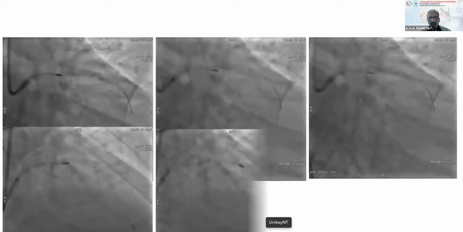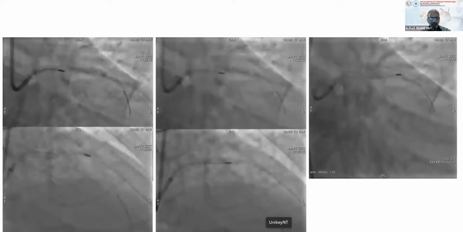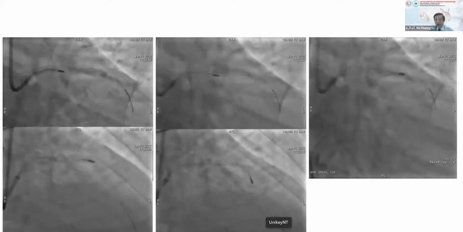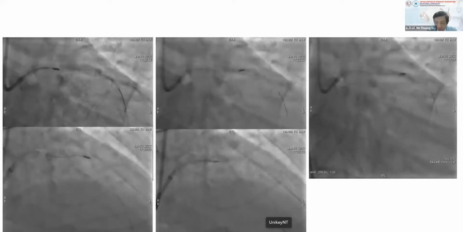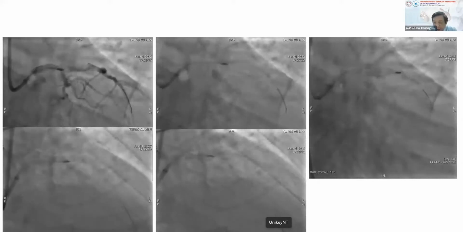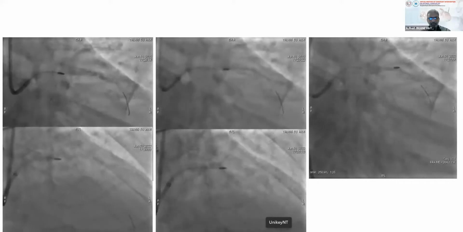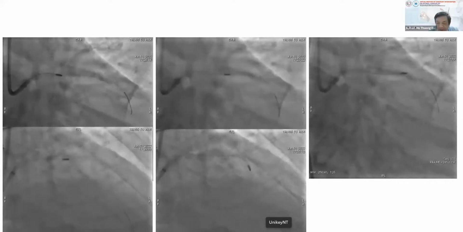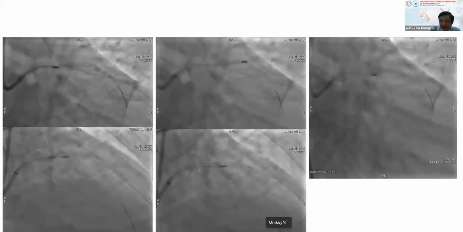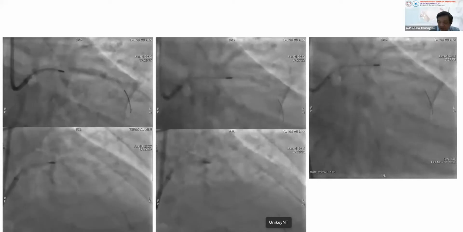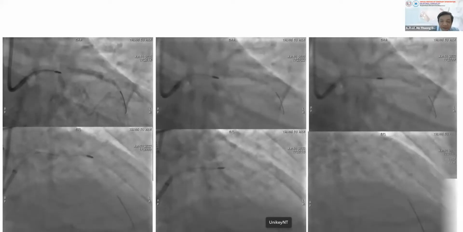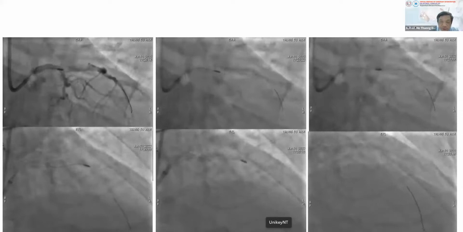It's a 1.25 burr, only one burr. And after the burr crossed the lesion, the wire went distal easily, because before it got stuck in the severe stenosis, and everything became easier.